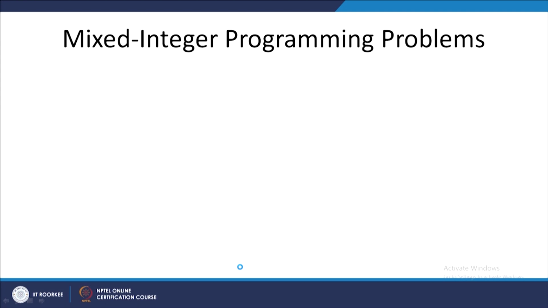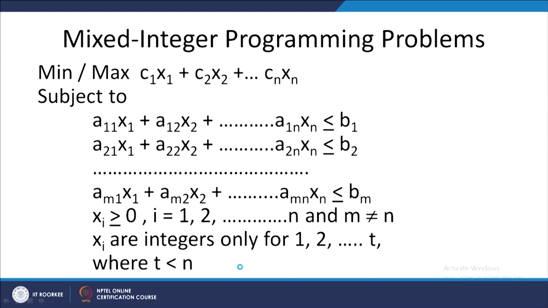Now, coming to the mixed integer programming problem, this means that there is a linear programming problem which has, let us say, n number of variables, and out of those n variables, let us say t of them are integers and the remaining ones are non-integers.